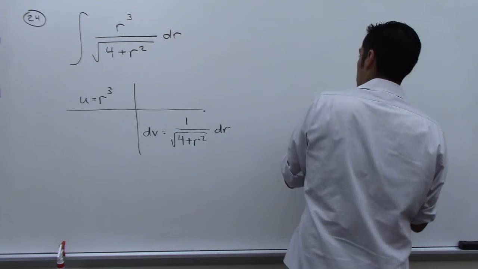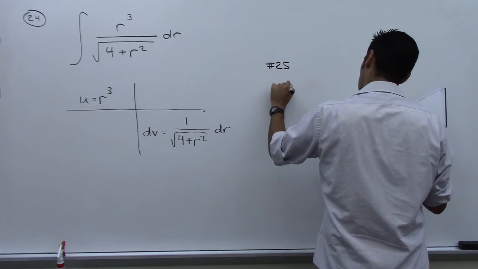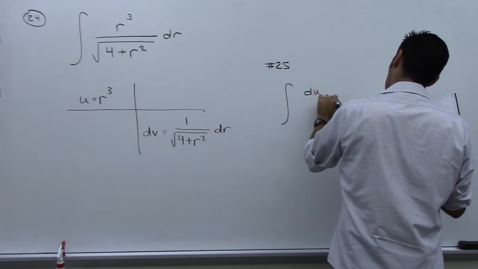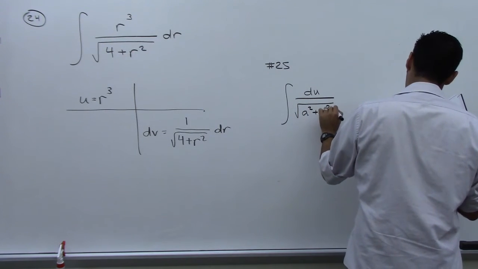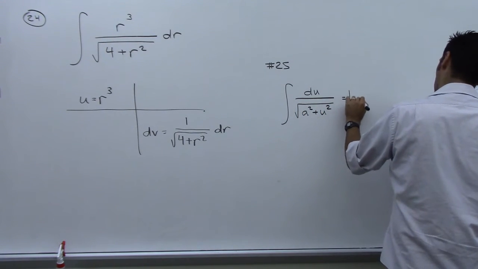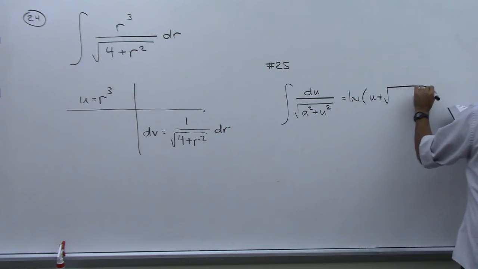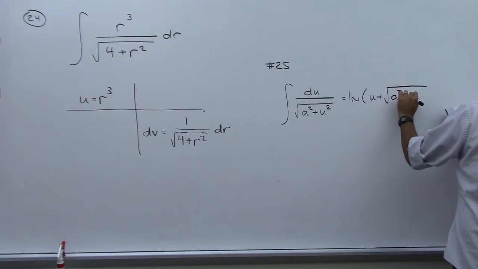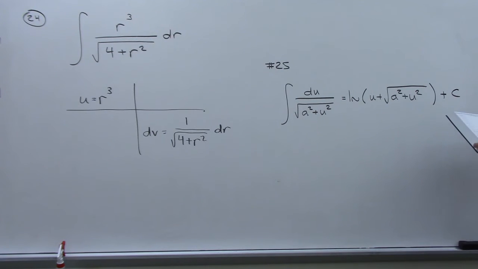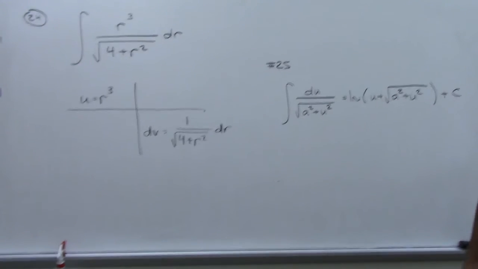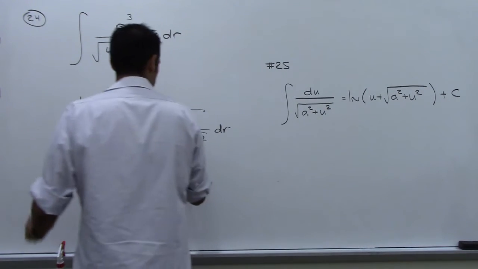Formula 25 says if we have integral du over square root a squared plus u squared, that'll equal natural log of u plus square root a squared plus u squared plus a constant. That's formula 25. And so we have that, we have this right here.